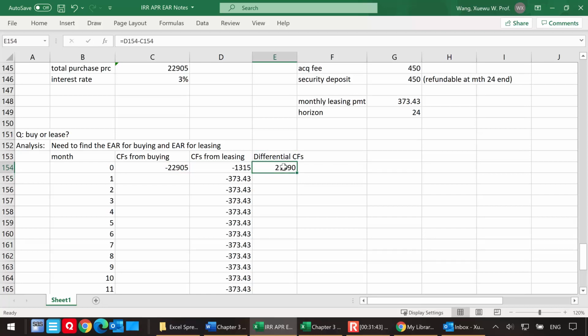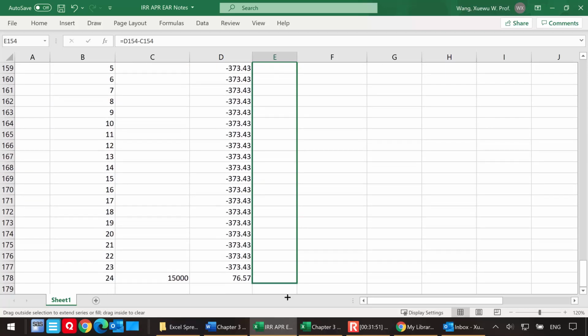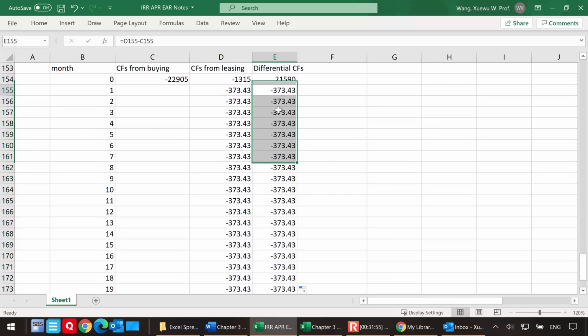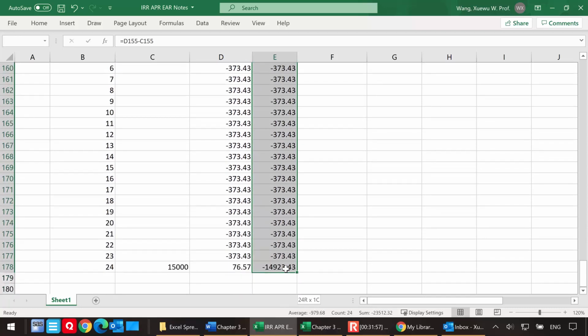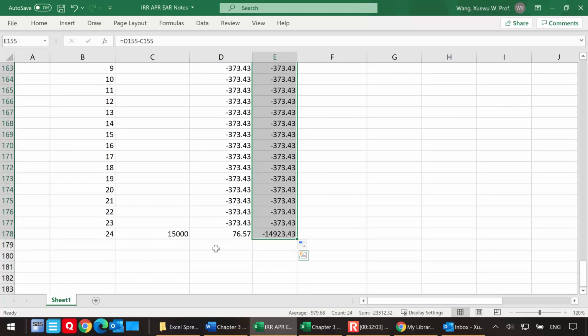So if you go with the leasing option, it's like you take out a loan of $21,590, and in return you pay off this loan by making these payments over the following 2 years. These are the payments. So the question here is, do you want to take out this loan?